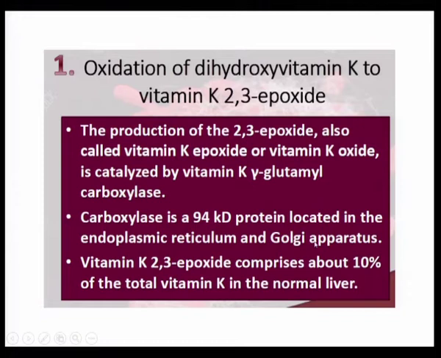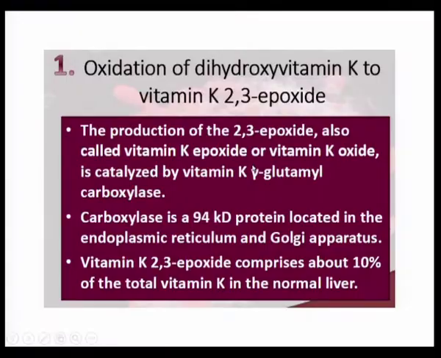So this is the reaction I explained to you right now. Now we are going to look at it in a little more detail. Whatever I have explained to you, the same thing holds good. Now I will take you through those key statements so that you can pin this understanding in your mind. So you see, the production of 2,3 epoxide, or in other words what we can also call vitamin K epoxide or vitamin K oxide, is catalyzed by vitamin K gamma glutamyl carboxylase.